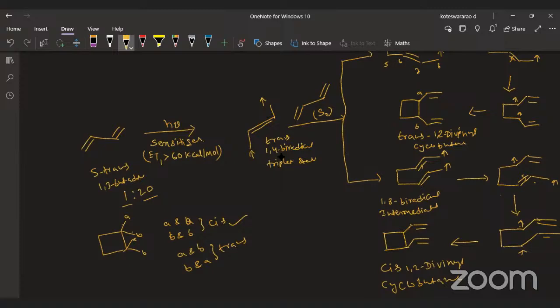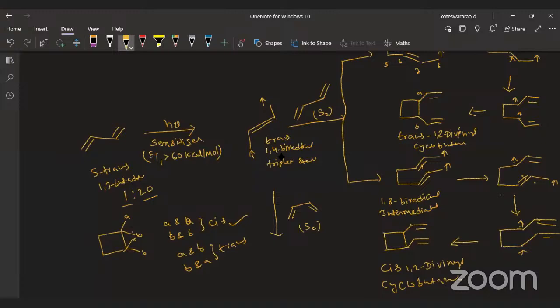Therefore, whenever we irradiate with light in the presence of a sensitizer, the more populated 1,4-biradical transition state is the trans state. Then, instead of the ground state S-trans conformer, it will react with the ground state S-cis conformer.